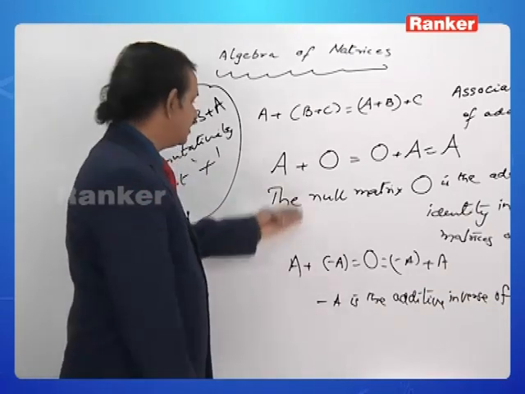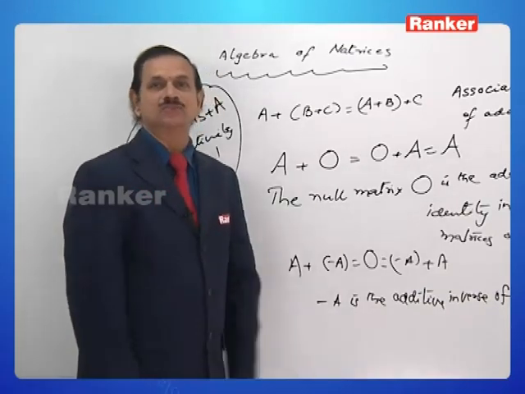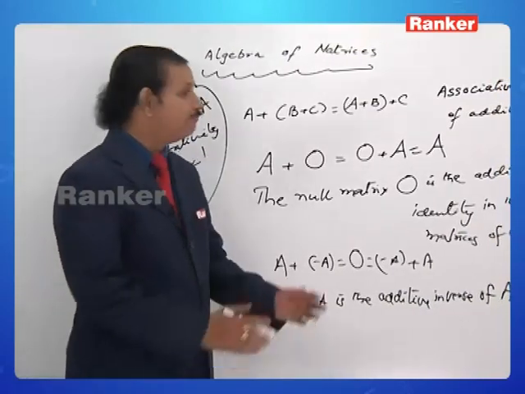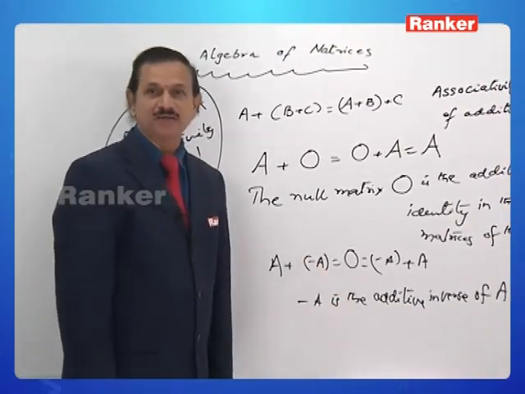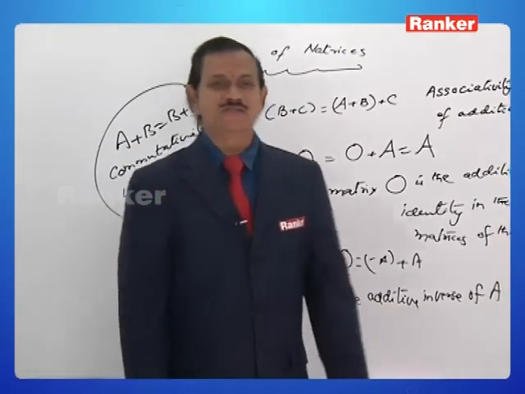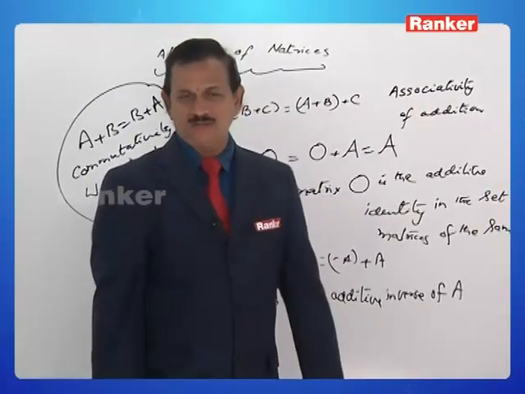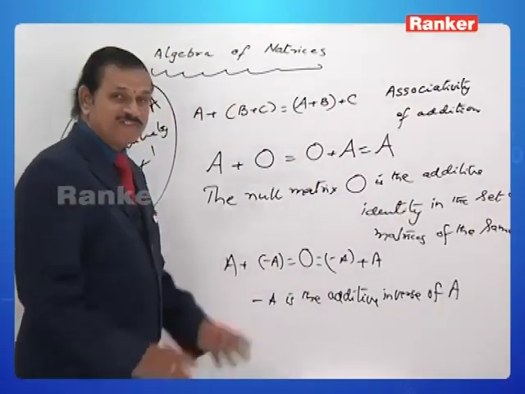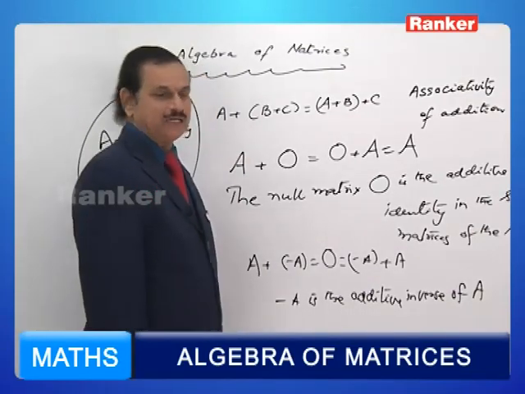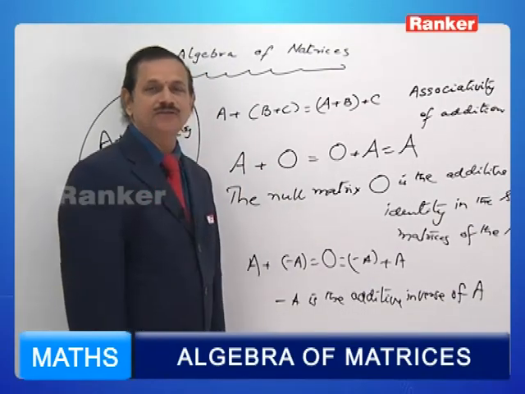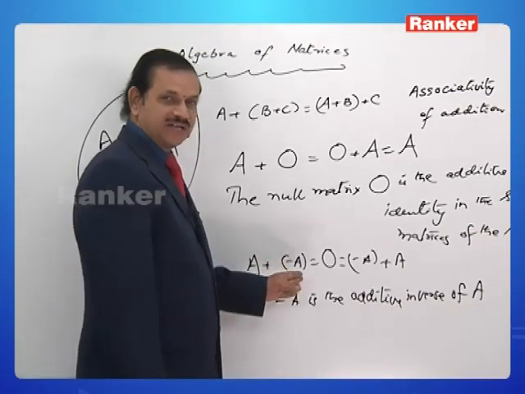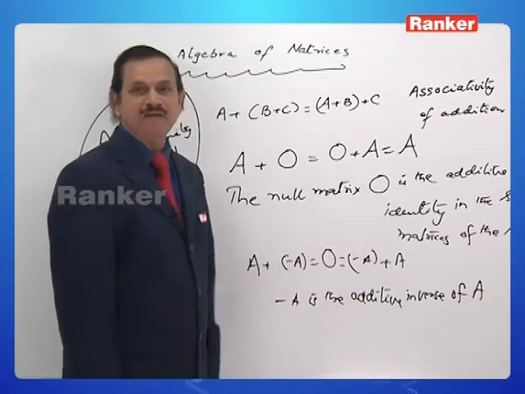And all these properties help us to say that the set of all m by n matrices forms an abelian group with respect to addition of matrices, and this is a standard result in group theory. From the terminology of group theory only, we could have said that 0 is the additive identity in matrices and minus A is the additive inverse of A in matrices.